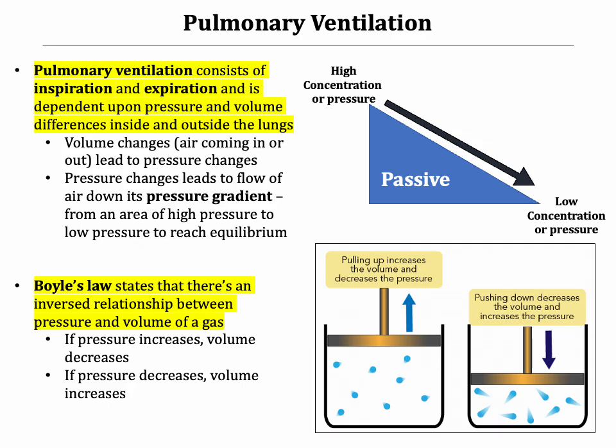Right? Air in any gas is always going to flow down its pressure gradient from a high pressure or high concentration to a low pressure or low concentration. That's just a natural process that takes place. Things go down their gradient, things go downhill.